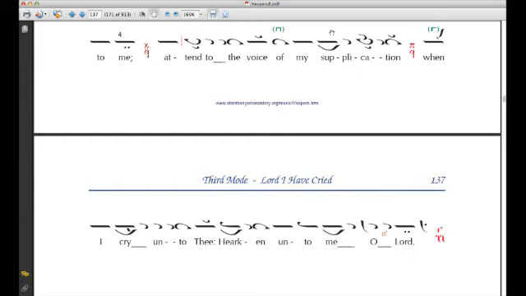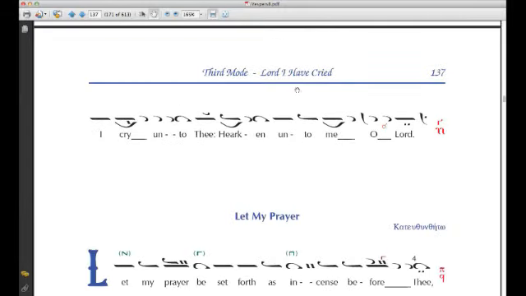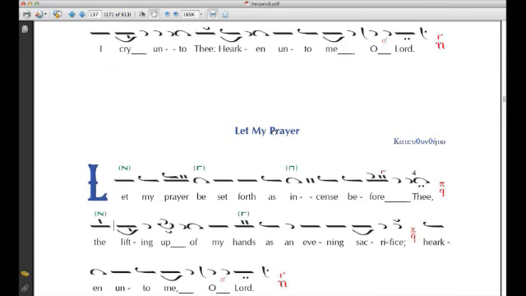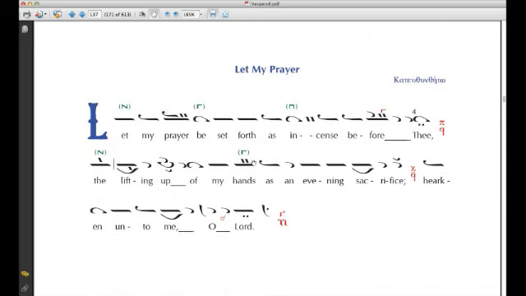Hearken unto me, O Lord. Let my prayer be set forth as incense before thee, the lifting up of my hands as an evening sacrifice. Hearken unto me, O Lord.